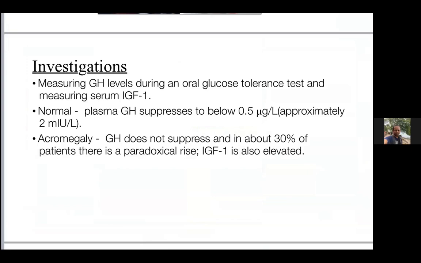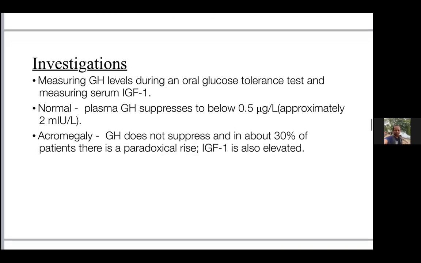What do we do to investigate? Simple: measuring growth hormone levels during an oral glucose tolerance test and measuring serum IGF-1. Measuring growth hormone levels and serum insulin-like growth factor 1. Normal plasma growth hormone suppresses to below 0.5 micrograms per liter approximately, or 2 milli international units per liter.